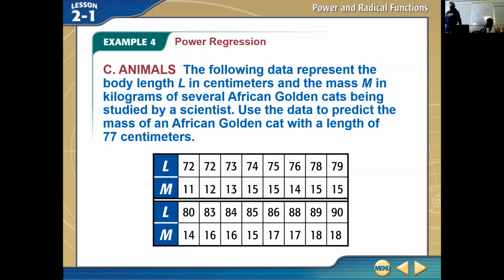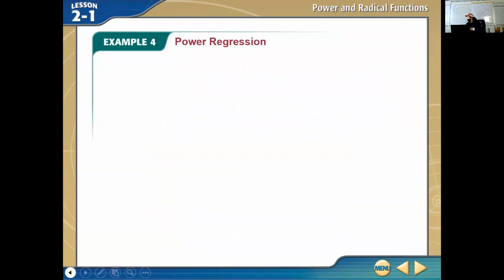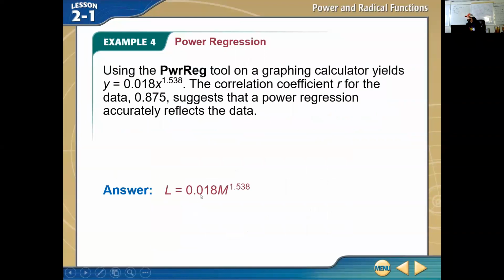You can do this algebraically. Okay? You can do this algebraically using the calculator, just understand it's a little bit more process. You would have to plug 77 in for L and then be able to solve it. On their equation, they actually have it backwards. It should be M is equal to 0.018 L to the 1.538.